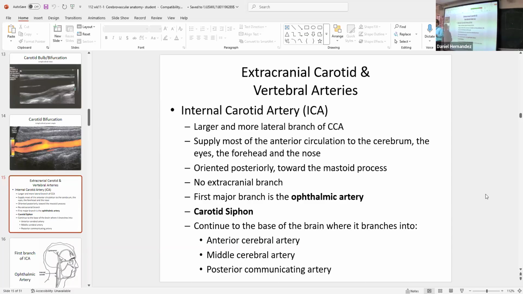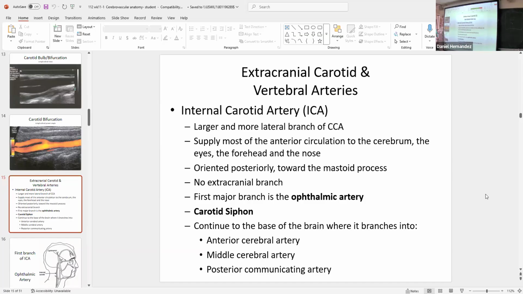If you think of the patient's head turned to the side, it's going to be more lateral or more posterolateral, so more towards the back of the neck compared to the ECA. It's larger and more lateral. It supplies most of the anterior circulatory pathway for the cerebrum, the eyes, the forehead, and the nose.